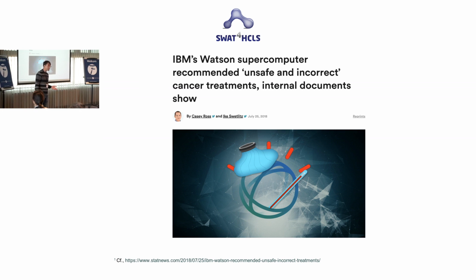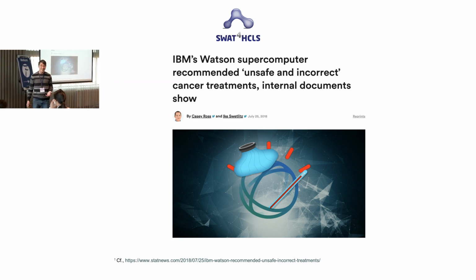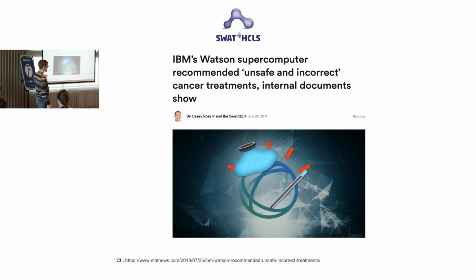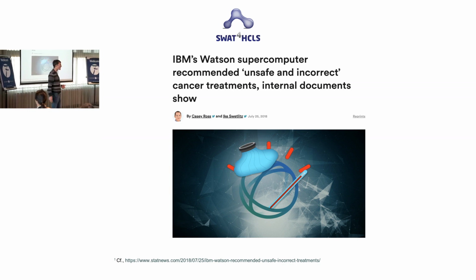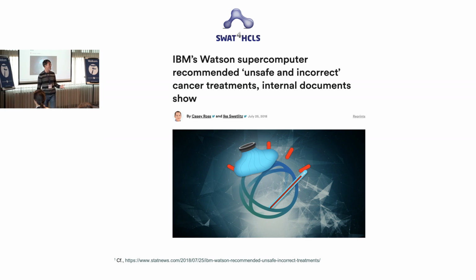And the reason we want to do this is because we do a lot of work in drug repositioning. We want to predict new uses for existing drugs, but you don't want to predict a use that is incorrect. There are many examples, such as IBM Watson, that have invented, I mean, this is one of the challenges of AI, they will invent potential applications of a medication. But common sense might exclude some of these potential applications.